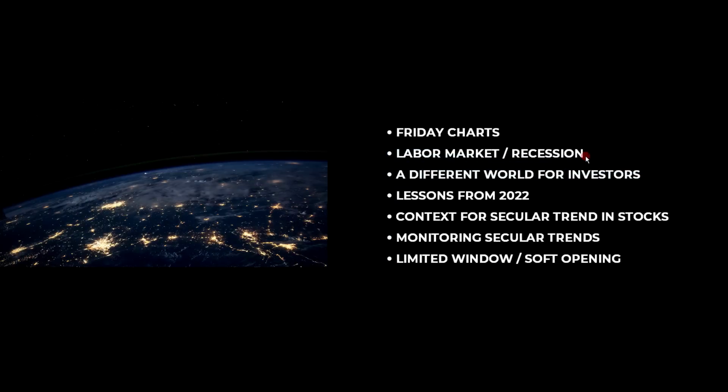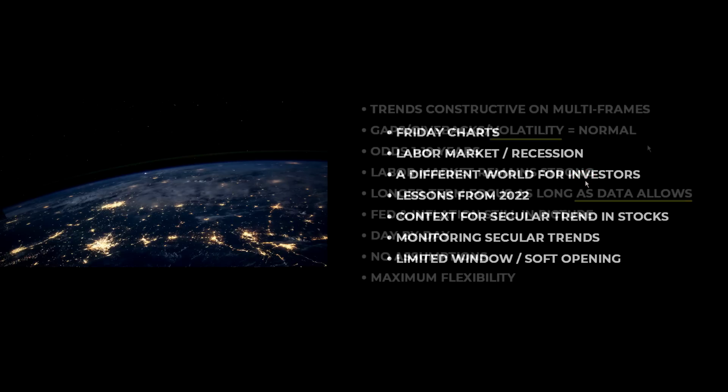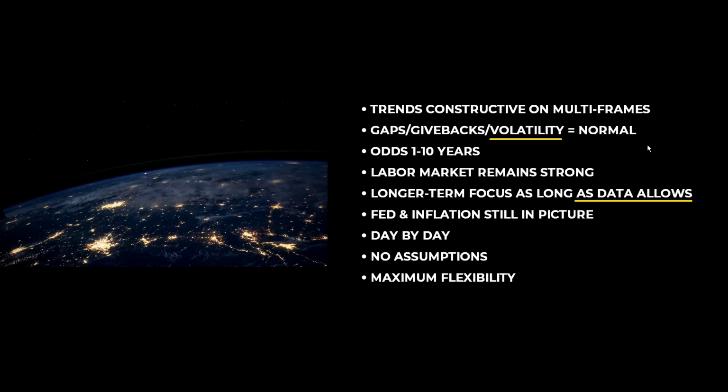Walking forward, we'll keep an eye on the economic data. 3 big shifts: inflation, interest rates, and the potential outlook for the return of balanced portfolios, a mix of stocks and bonds. If we look at the weight of the evidence, trends in stocks are still constructive on multiple time frames from relatively short to very long.